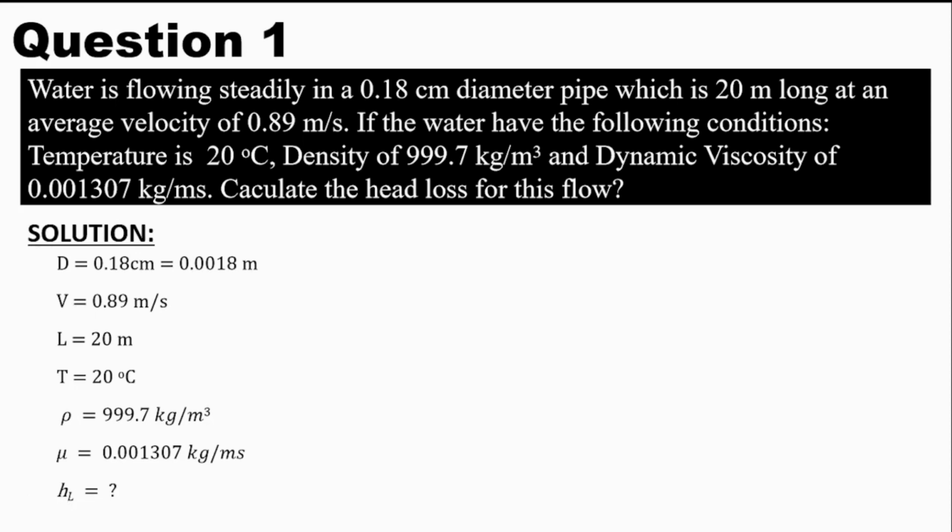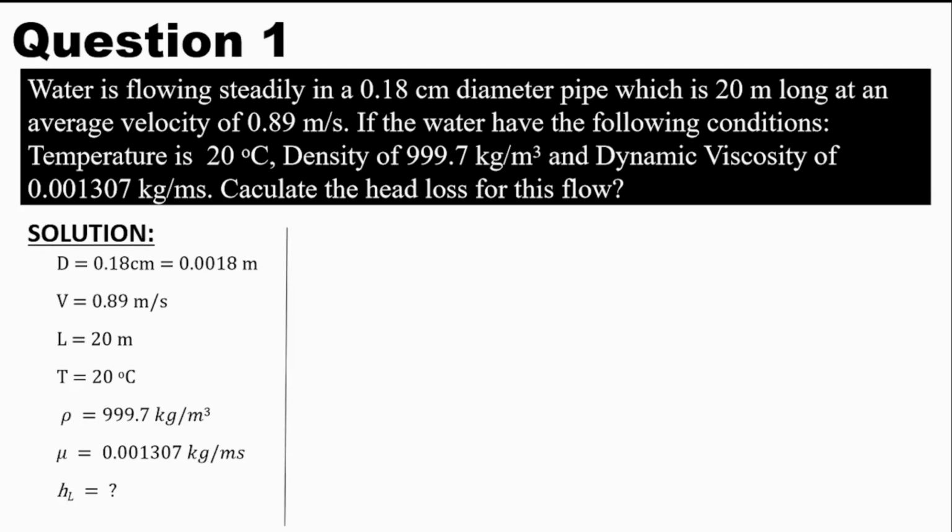The length of the pipe is 20, which is given as L. The T is the temperature. For this question, we don't really need the temperature. The rho is our density, which is 999.7 kilograms per meter cubed. This is the mu, which is 0.001307, and the head loss is unknown.